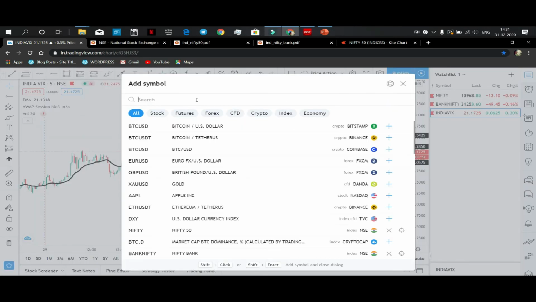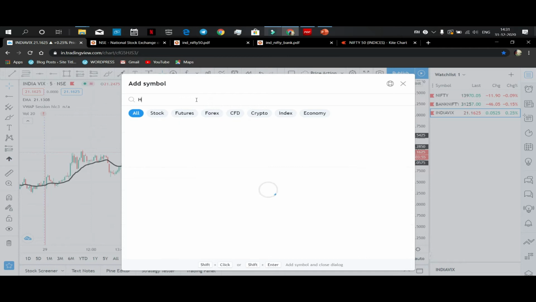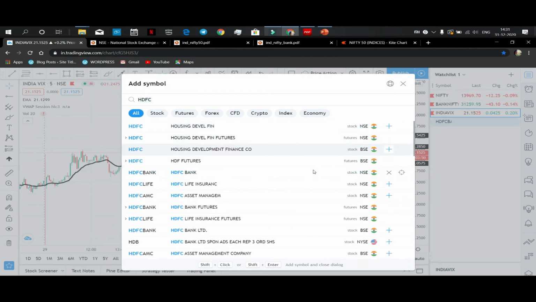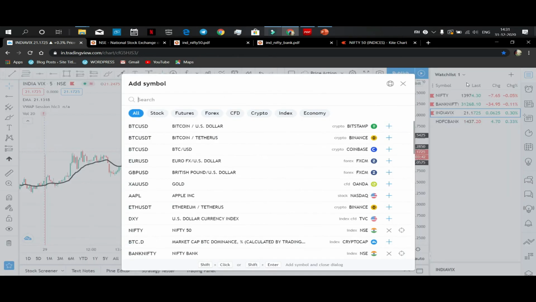So let's say the first stock is HDFC Bank. So we have added HDFC Bank, and similarly I'm going to add all the stocks in the list.